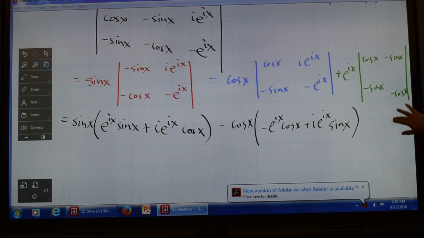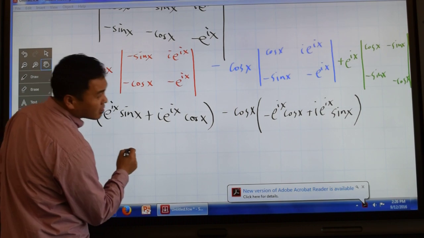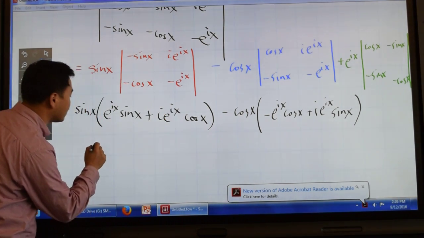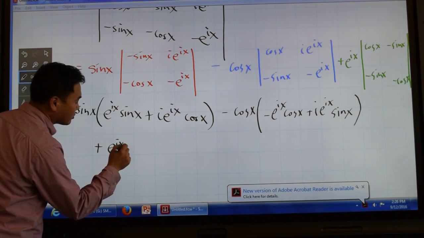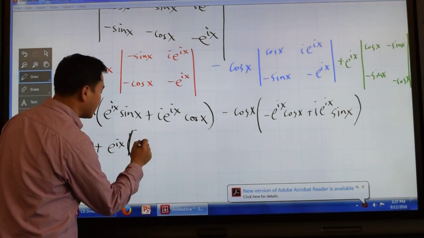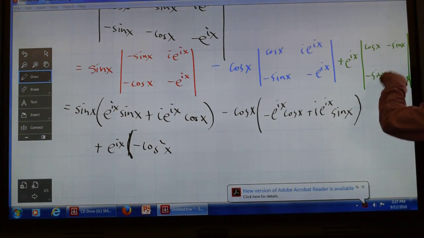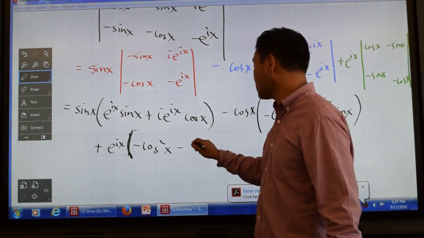And then we have plus e to the ix negative cosine squared of x minus sine squared of x.